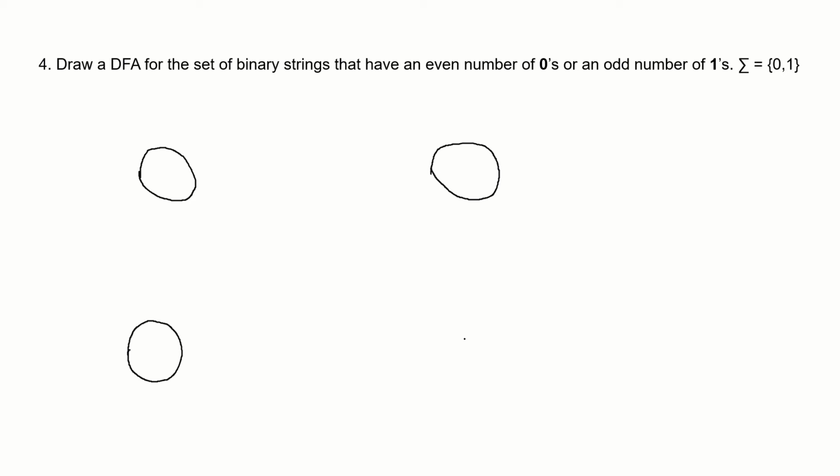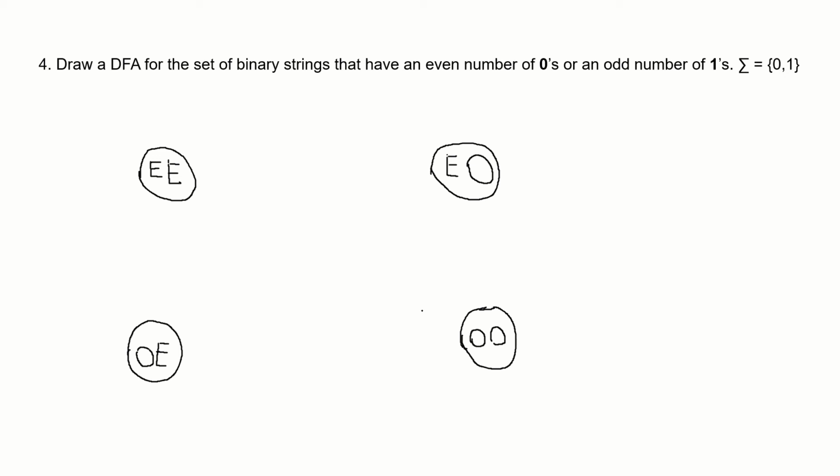This one is even 0, even 1, and similarly this will be even 0, odd 1, and then this can be odd 0, even 1, and this can be odd 0, odd 1.